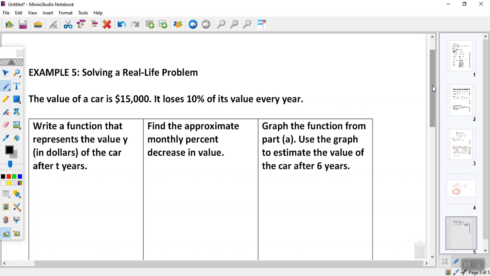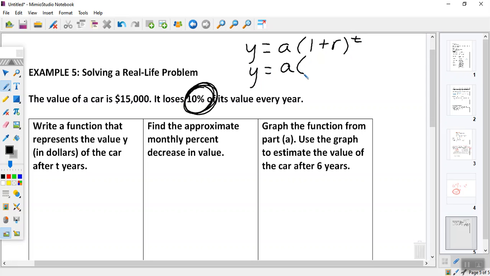Okay, so the first thing that we have to do is write a function that represents the value y in dollars of the car. Thing I want to point out is this. If you ever see a problem that involves percent, you'll either use y equals your starting value a times 1 plus r to the t power, or you're going to use y equals a times 1 minus r to the t power.